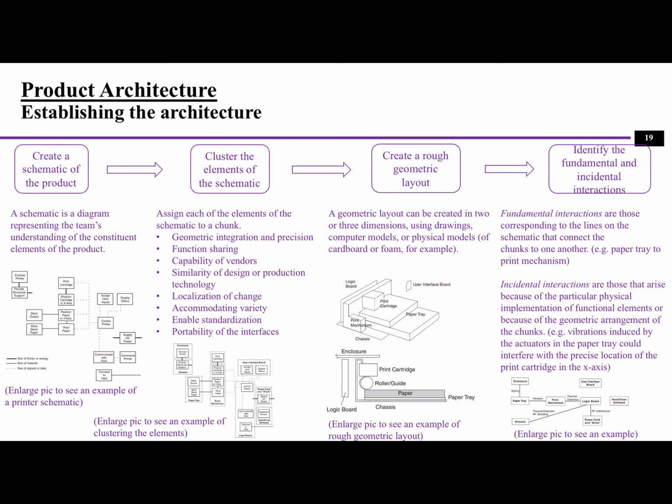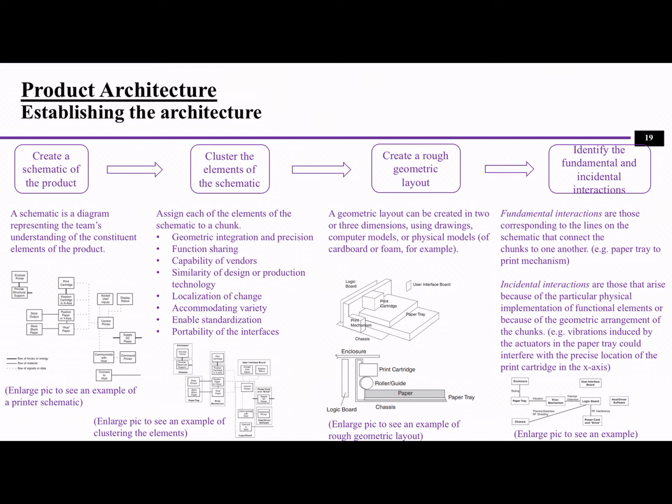The last step is to identify the fundamental and incidental interactions. Fundamental interactions are the lines or connections of the chunks with each other. Incidental interactions are interactions that do not come from direct contact. Instead, they come from certain functional elements.